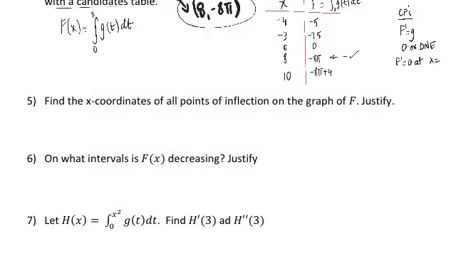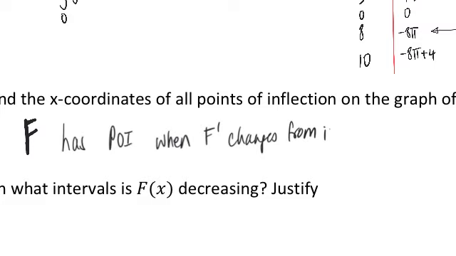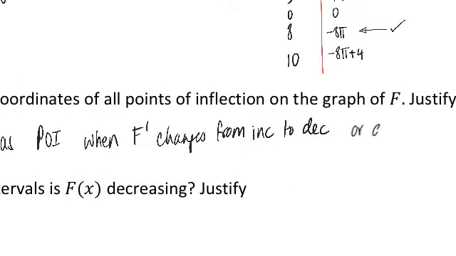Okay, next one is find the x-coordinates of all points of inflection on the graph of f. So f has a point of inflection when f prime changes from increasing to decreasing or decreasing to increasing. Okay, I'm abbreviating.